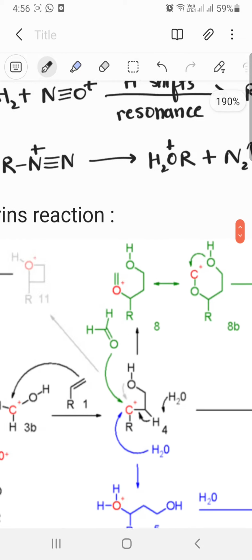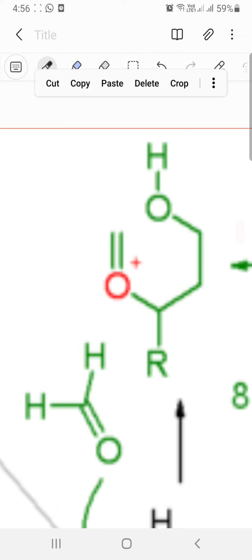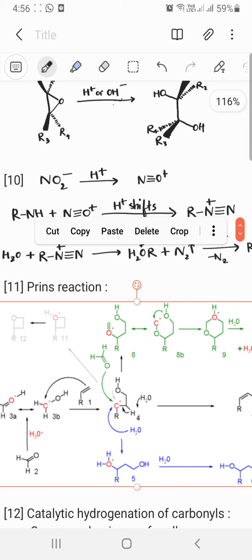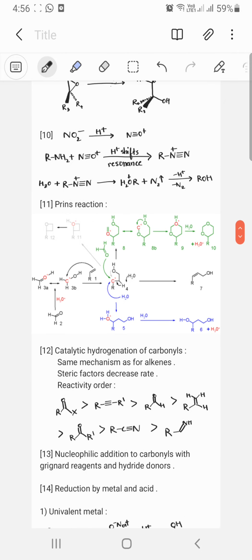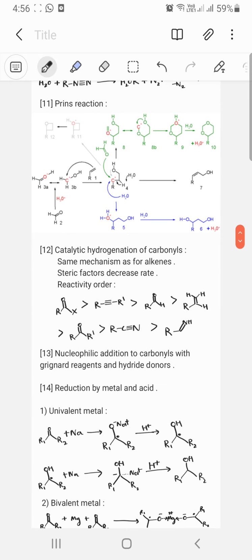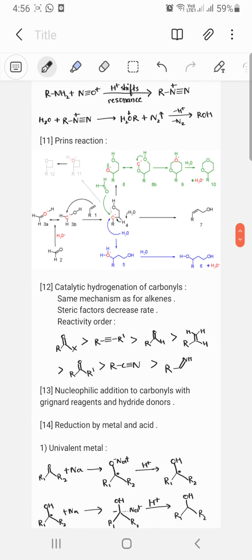This oxygen uses its lone pair to attack that carbon over there. So those are the 3 key steps. That's the Prince reaction. Fine. I don't think that will be asked, right? It looks complicated.